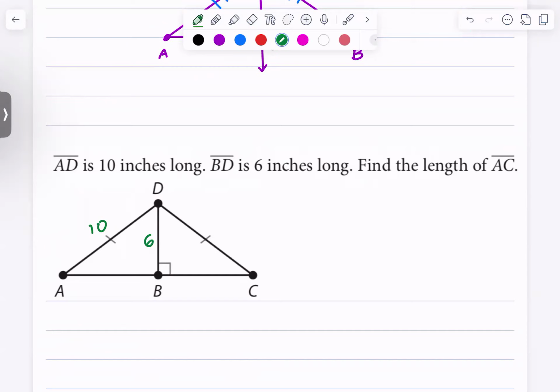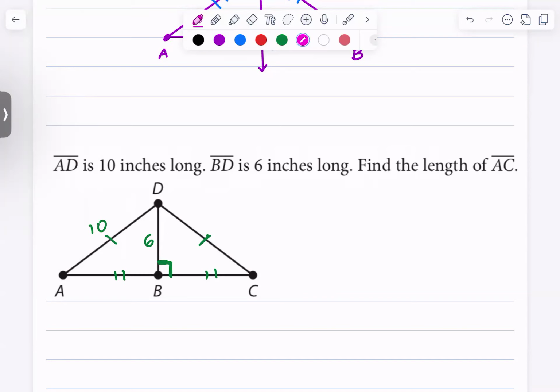Since you're given that these guys are equal, I know point D is on the perpendicular bisector, right? DB is the perpendicular bisector of AC. So I know that these guys are equal, and I know that this is 90 degrees, right? So that's what I knew so far. And that's 10, that's 6.